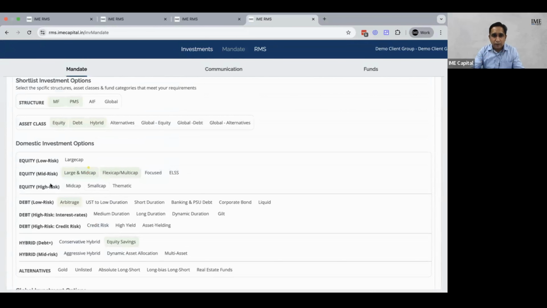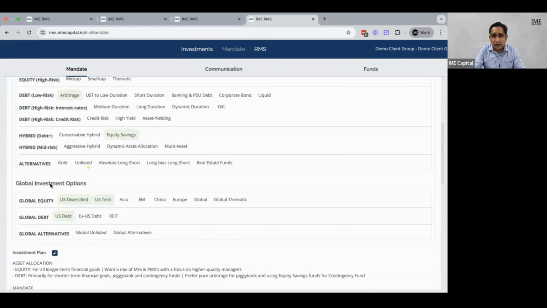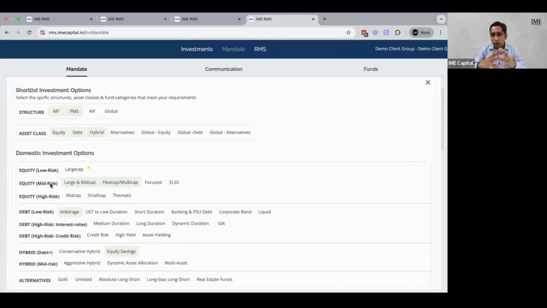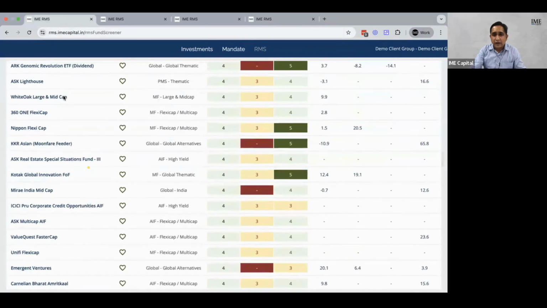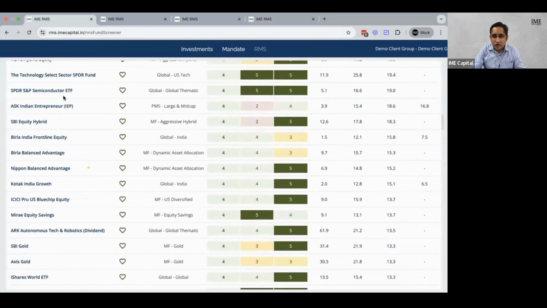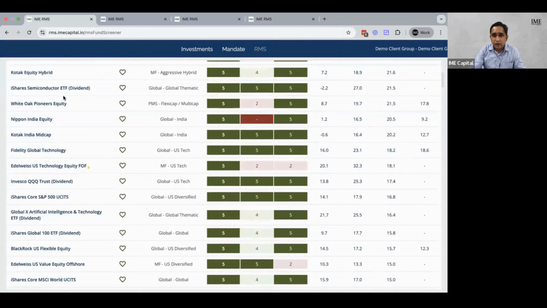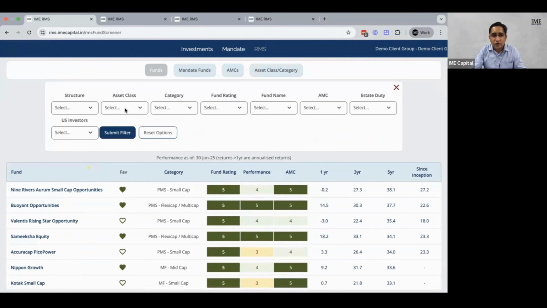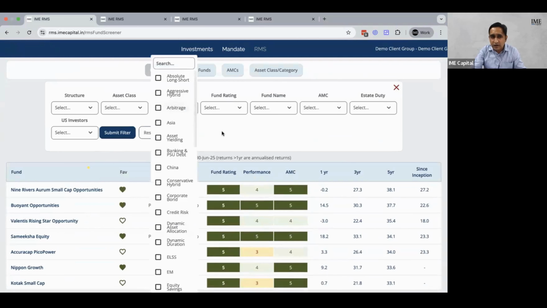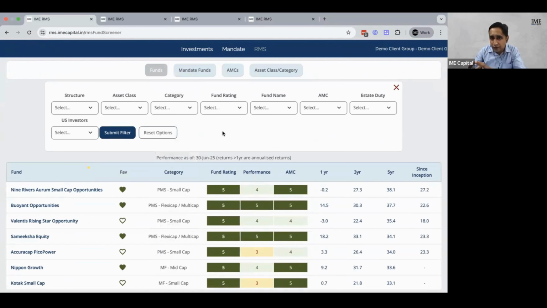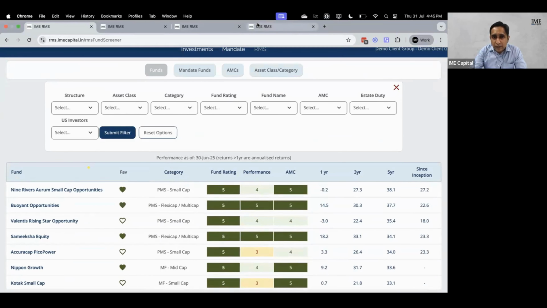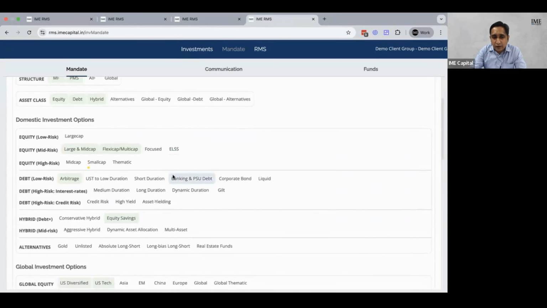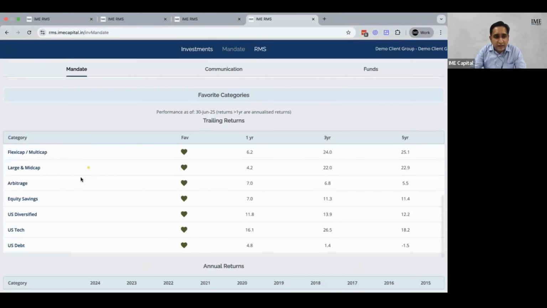Now, the reason this is important is that when you are sitting and trying to go through all these range of investment options without a mandate, you are sitting and struggling with this complexity, right? While we do have filtering, you have to choose between so many structures, asset classes, categories, it can really get very overwhelming.